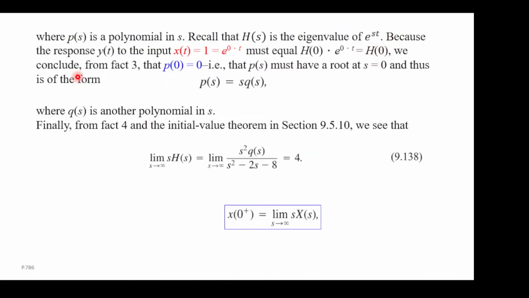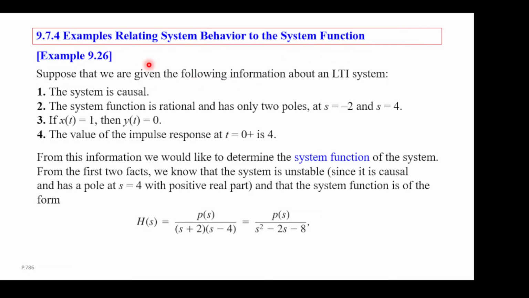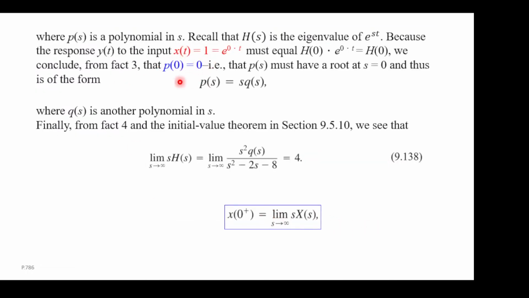And so we see H of 0 is 0. But you can also look at the equation for H of s. You put s equal to 0 here, then you get P of 0 over minus 8 equal to 0. And that means P of 0 should equal 0.